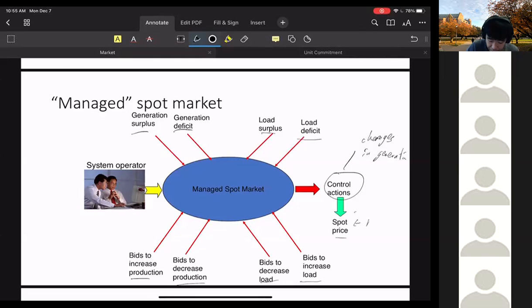These are the prices used to determine payments to generators. This is our spot market. Any questions, at least at a high level, on how the spot market works? The system operator is the middleman that clears this market.